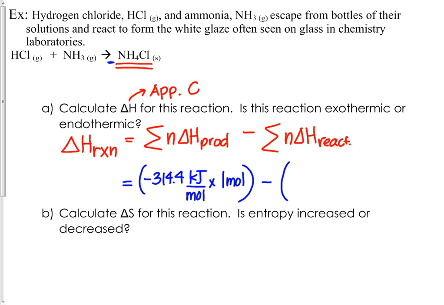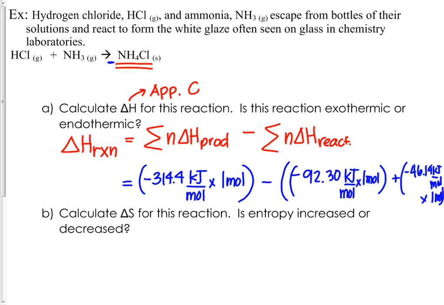So HCl gas should be in your book, and so should NH3. HCl is negative 92.30 kilojoules per mole, again times 1 mole. And that is plus the NH3, which is negative 46.19 kilojoules per mole, and then times 1 mole.